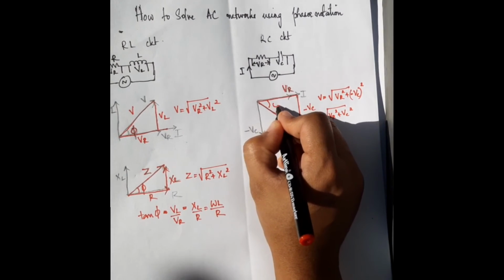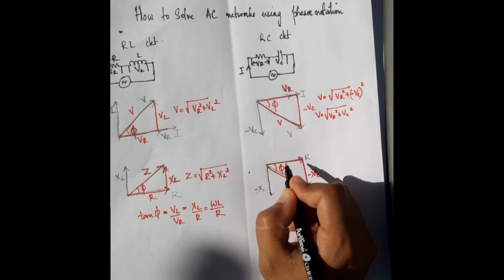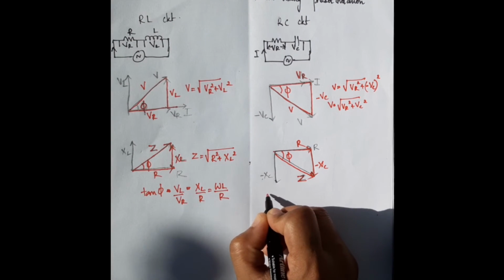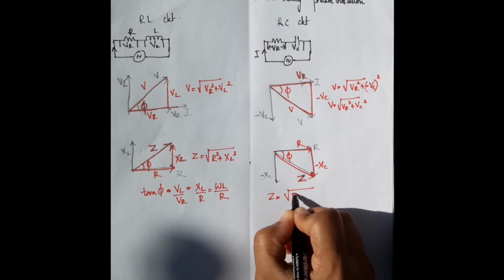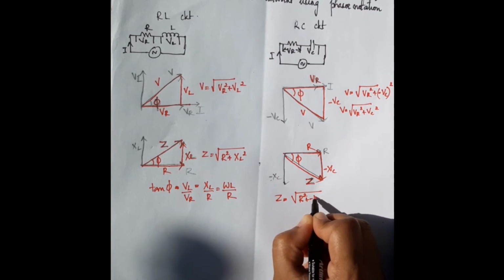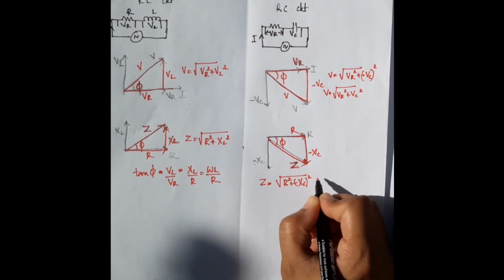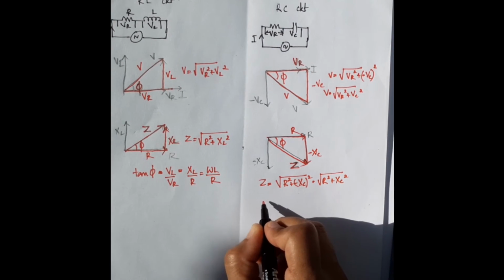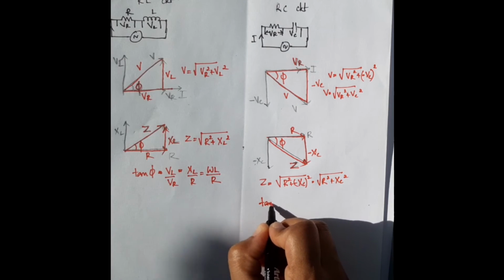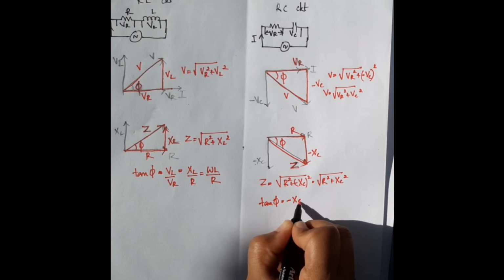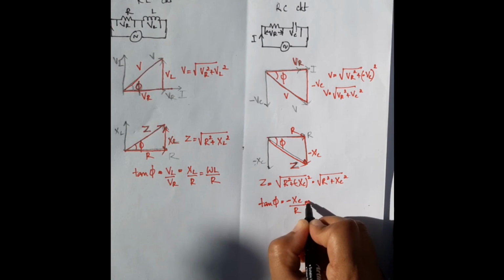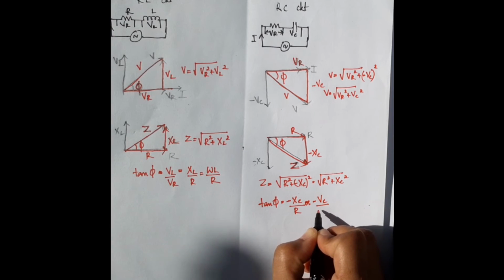We can find the total impedance and the phase angle. The total impedance Z is the root of R square plus minus XC the whole square. And the phase angle is tan phi, which is minus XC by R, or minus VC by VR.